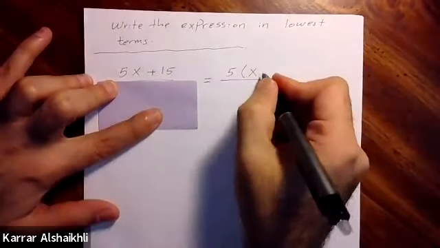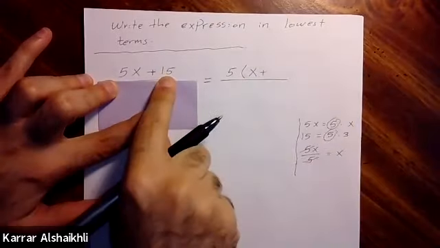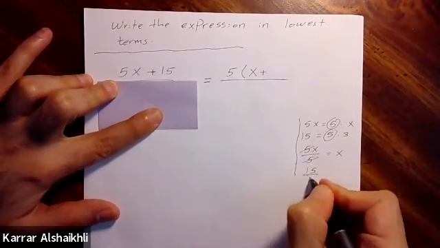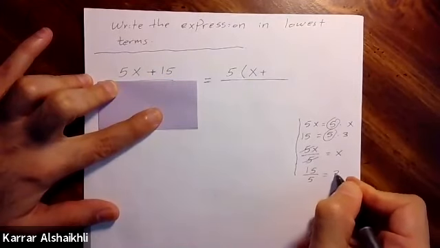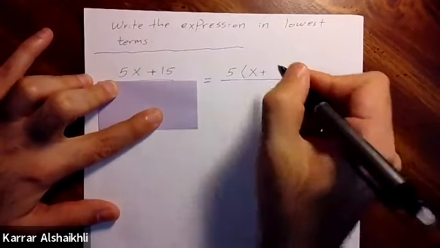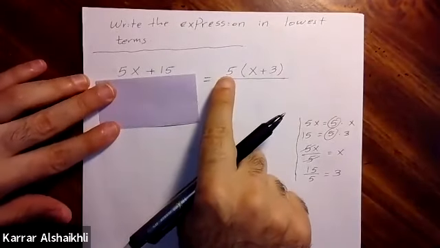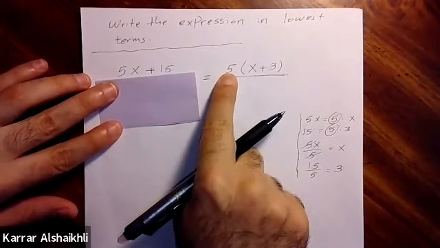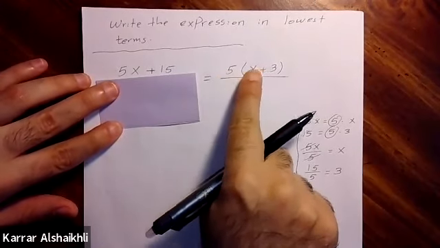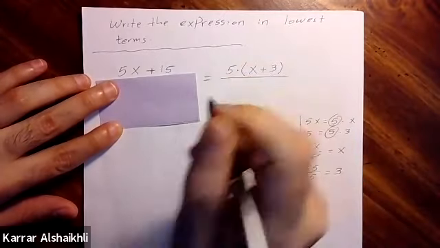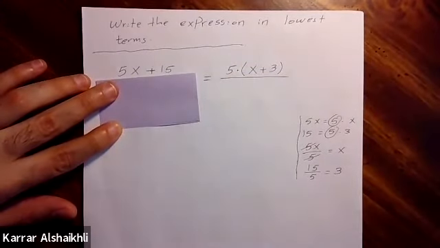Here's the plus. 15 divided by 5 is going to be 3. So x plus 3. Now tell me, you remember when I told you, if you have a number and parentheses, what's the operation here? Multiplication. So now you have multiplication.